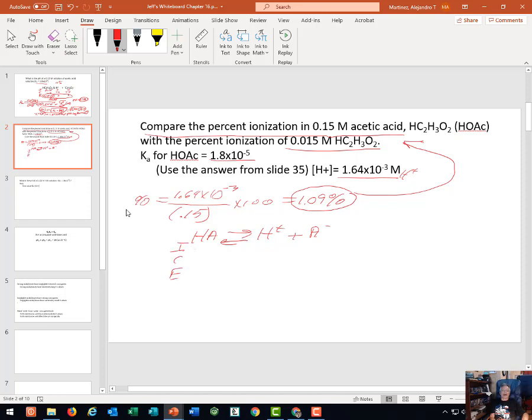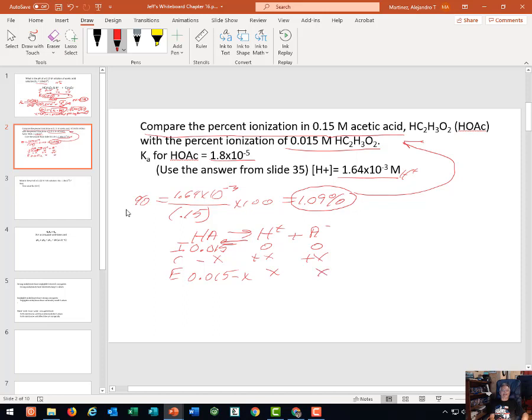This now, instead of being 0.15, is 0.015 molar. It is a tenfold dilution. We just basically divided this by 10. This is 0, this is 0, this is minus X, plus X, plus X, and then 0.015 minus X, X, and X.